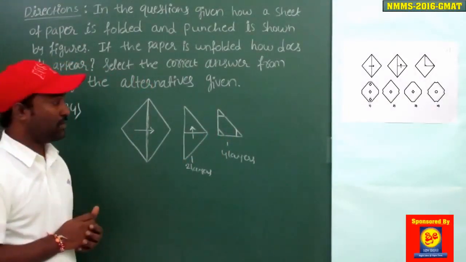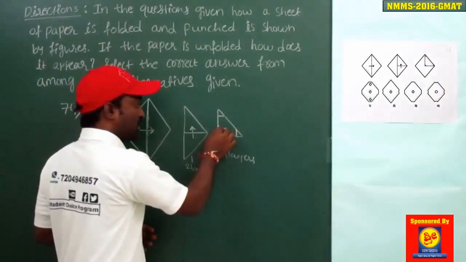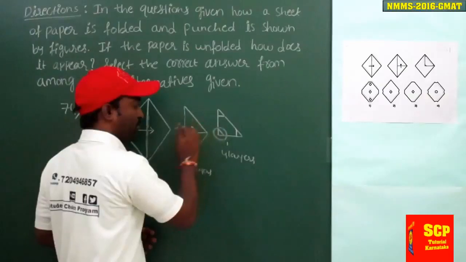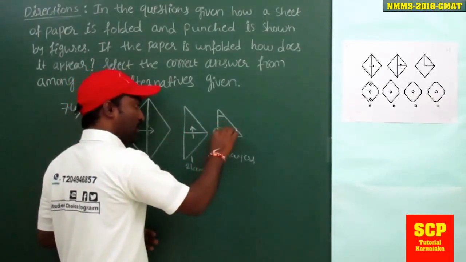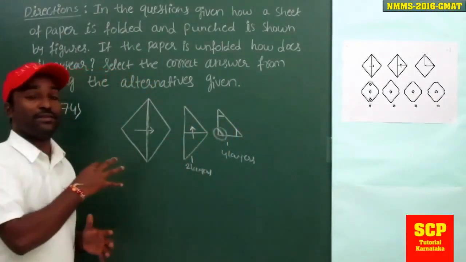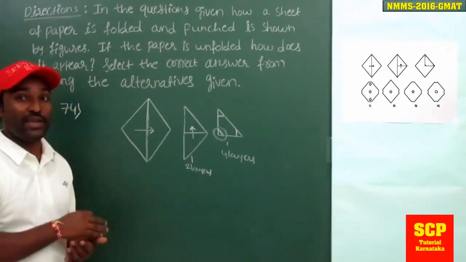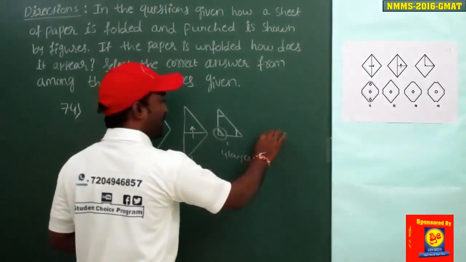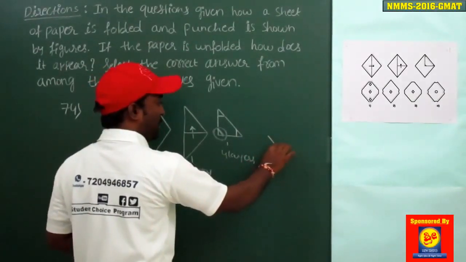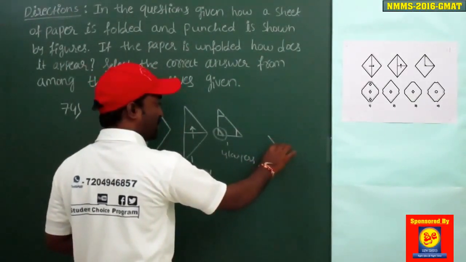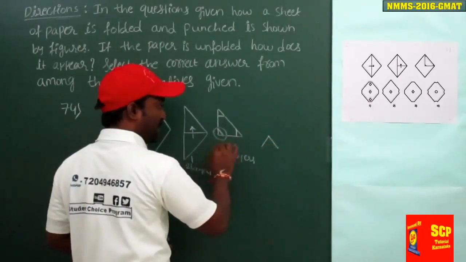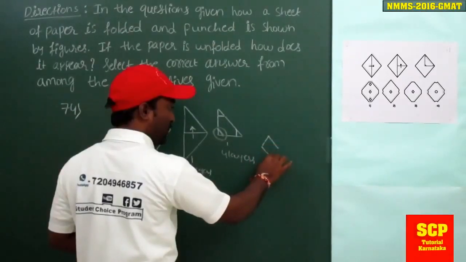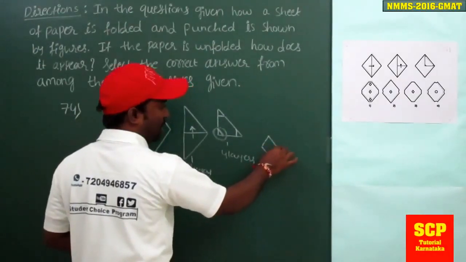And one thing you have to observe here, this is the center of the paper. Once you cut here, this is going to appear at the center of the paper, and this is inclined. It is not a straight cut. So this will be my first cut on the first layer, this will be my second cut on the second layer, this will be my third cut on the third layer, and this will be my fourth cut on the fourth layer.